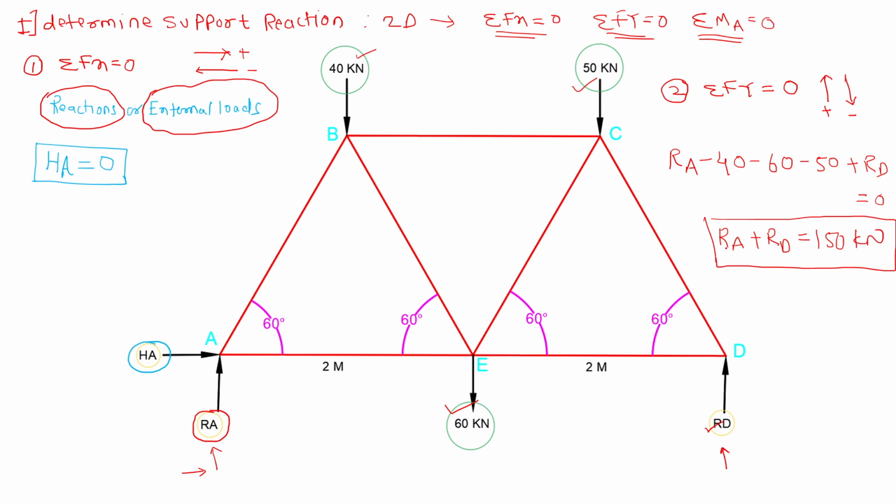Now I have to use the third condition, that is summation of moment at A is equal to 0. Here clockwise will be positive, anti-clockwise will be negative, and the formula for the moment is very simple.